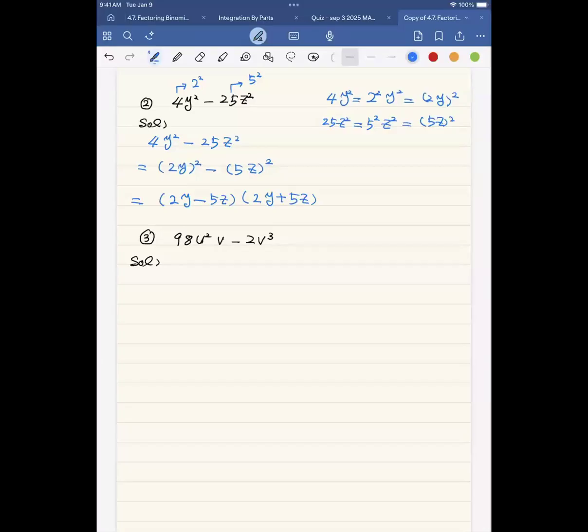Next problem is 98u squared v minus 2v cubed.